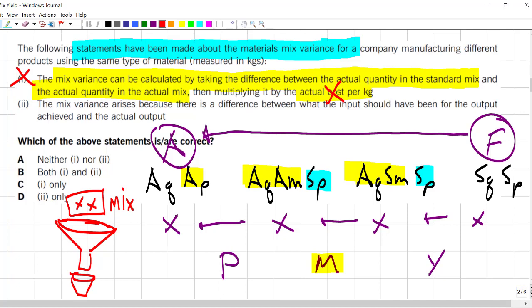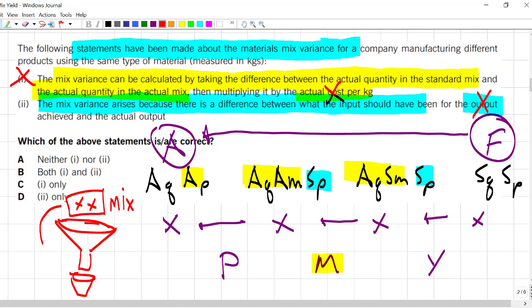Did the inputs yield more or fewer units than expected? The mix variance arises because there is a difference between what the input should have been for the out. Oh, as soon as we see the word output, it is wrong. Mix variance does not look at the output. The mix variance only looks at the ratio of the inputs. So neither statement is correct.